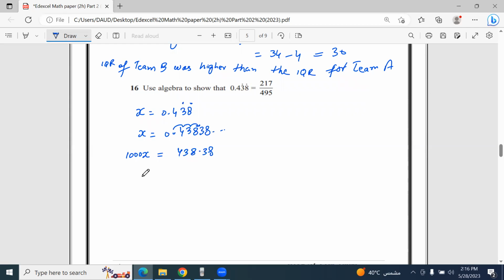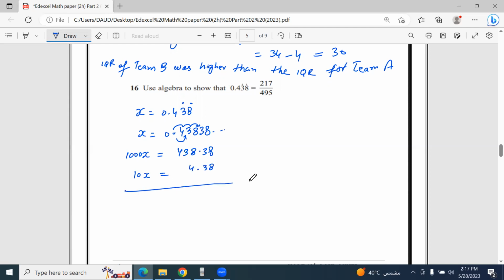Then my right side will be 438.38 and so on. Now I have to multiply by such a number that the repetition after the point is the same. If I multiply both sides by 10, it would be 4.38 and so on.